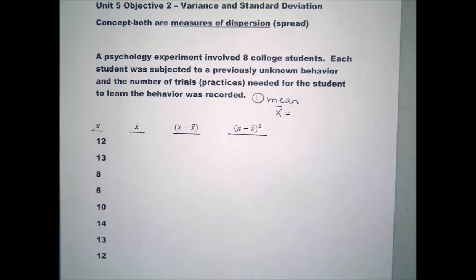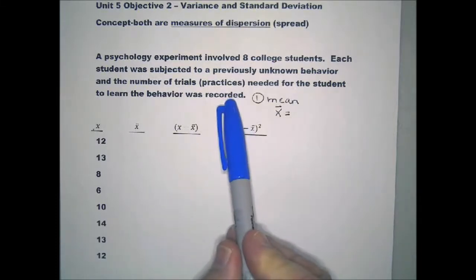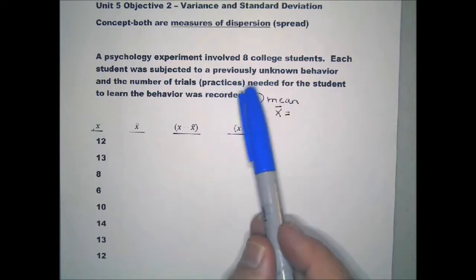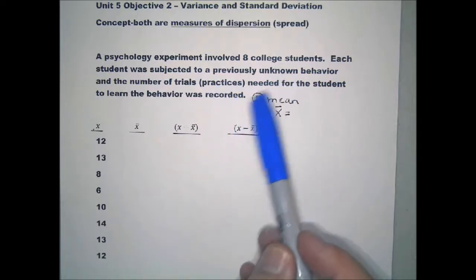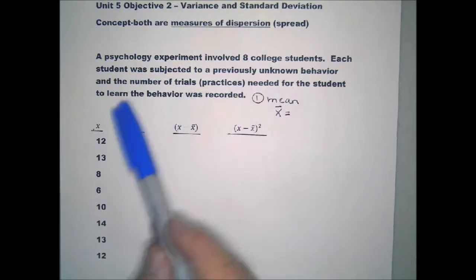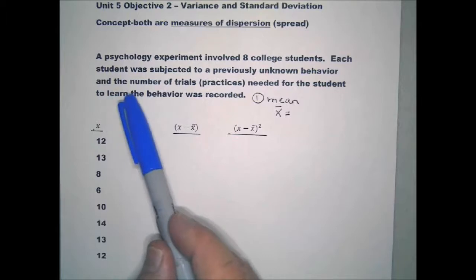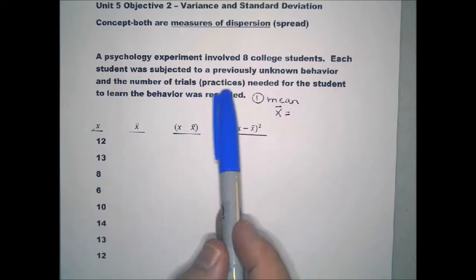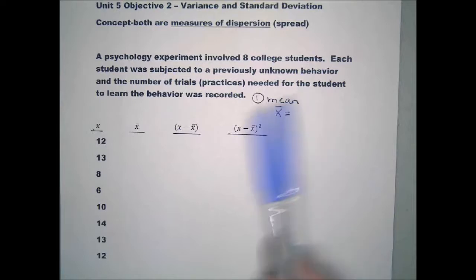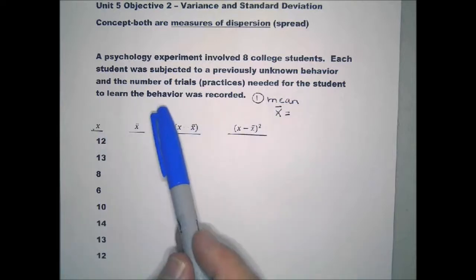Now, like everything else in stats, there's always a story that goes into what the data is all about. So I pulled this problem from one of my old college stats books. It's all about a psychology experiment with eight college students. Each student was subjected to a previously unknown behavior, and the person recorded the number of trials or practices that student needed in order to perfect or learn the behavior.